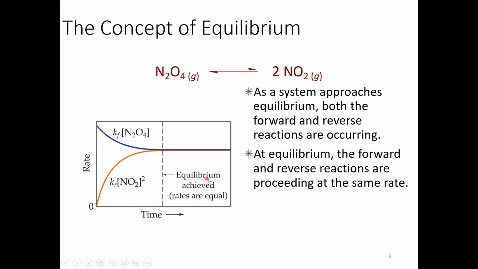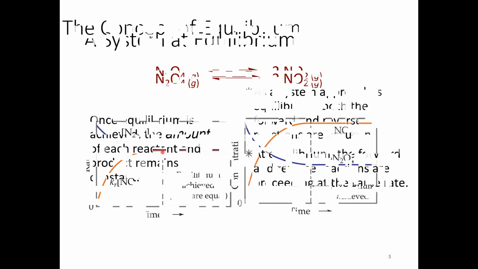Initially the forward reaction is proceeding at some rate, and then as we start to produce some of the product, now we start to see the reverse reaction get going as well, start to speed up while the forward reaction slows down. And eventually we hit a point where both of those reactions are going to be equal. That's what we're considering equilibrium to be. So the forward rate and the reverse rate are going to be the same speeds.